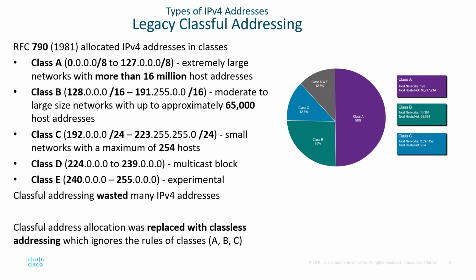So if you look to this pie example on the right-hand side, they pretty much took off one whole half of that pie and gave it to all the big players. And then they sliced it in half again, gave one half to class B, and then they took that again and sliced it in half and gave half of that to C and half of that to D and E. Functional back then, but certainly not in today's networks.